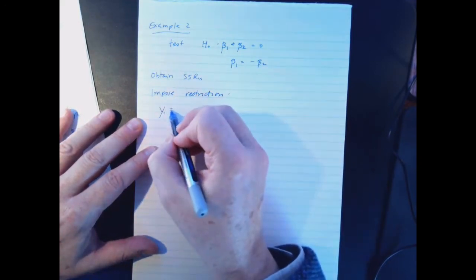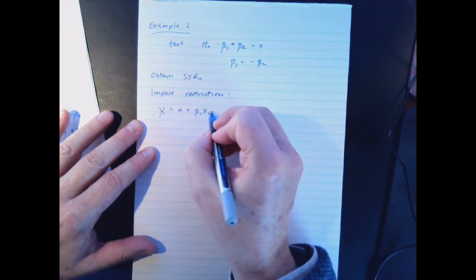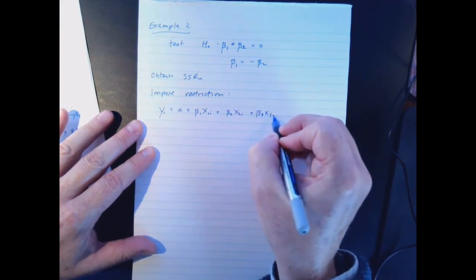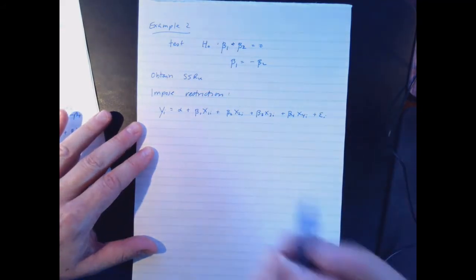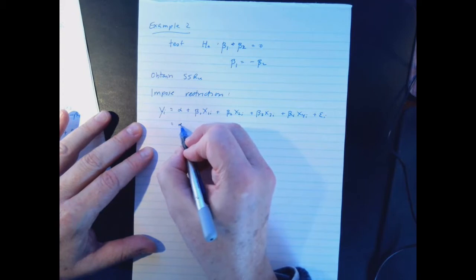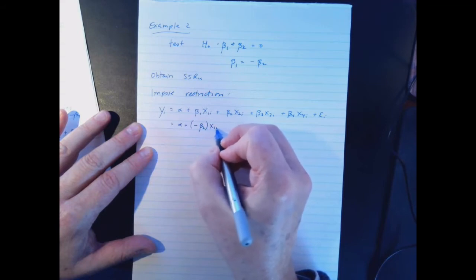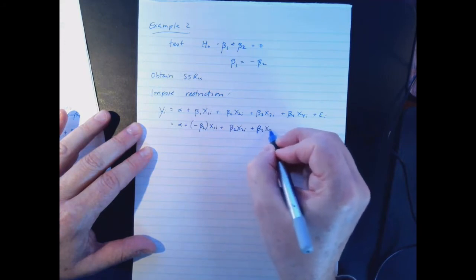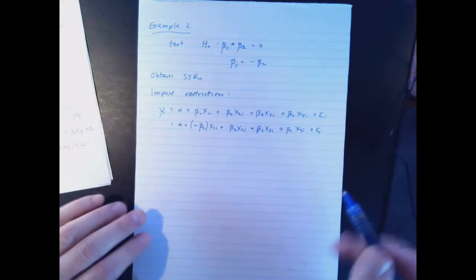So we have our regression model: alpha plus beta 1 x1 plus beta 2 x2 plus beta 3 x3 plus beta 4 x4 plus the error term. Now beta 1 equals minus beta 2. So let's do this. Alpha plus minus beta 2 x1 plus beta 2 x2 plus beta 3 x3 plus beta 4 x4 plus epsilon.